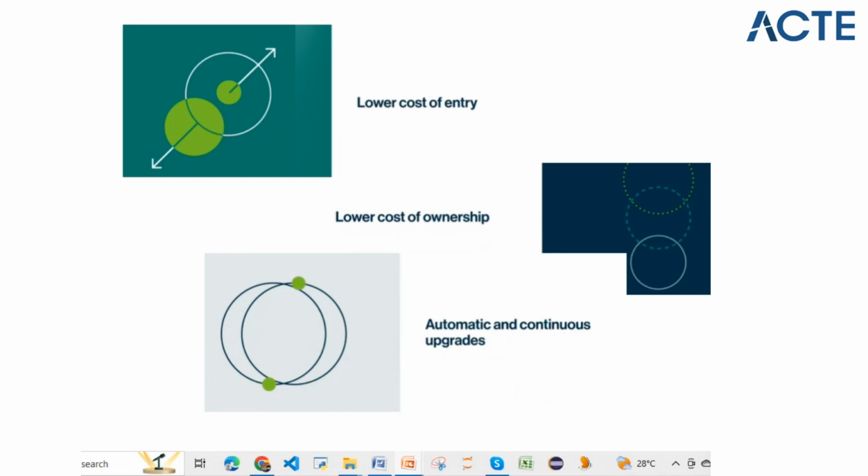So if an organization has on-premises hardware where Collibra needs to be hosted, it should have some additional cost invested in this hardware and the IT staff. So we have a lower cost of entry in Collibra Cloud, and lower cost of ownership.